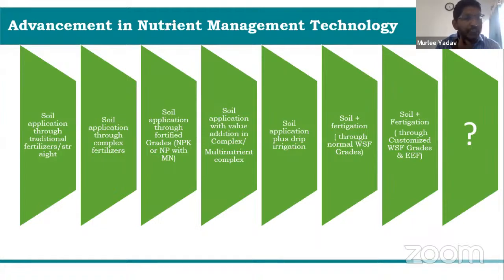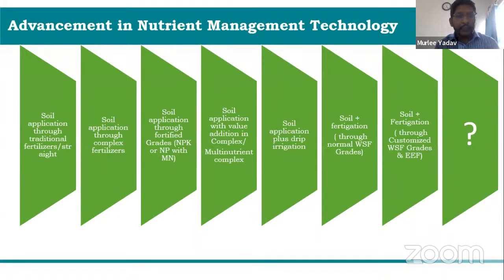Initially, soil application was happening through traditional fertilizer, or you can say straight fertilizer. But in due course of time, that straight fertilizer converted into complex fertilizer. Of course, right now farmers are also using straight fertilizer, but their percentage is less. Farmers are moving towards complex fertilizer.